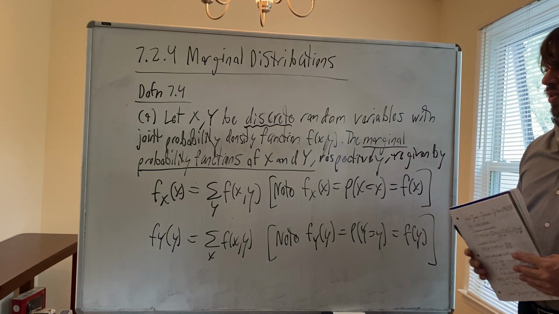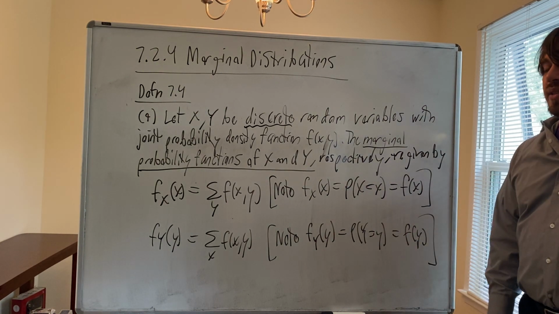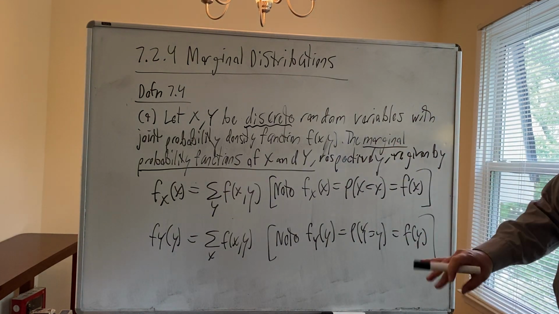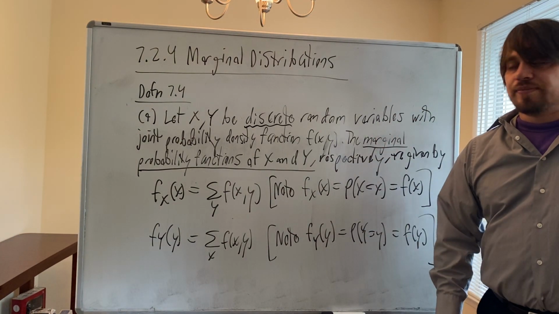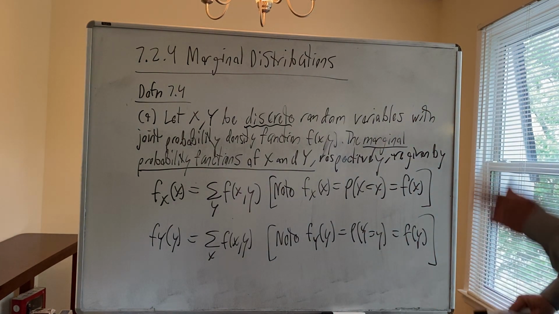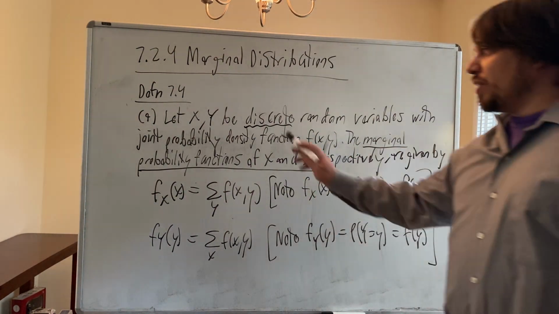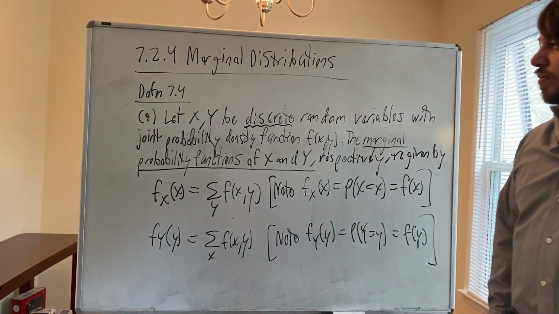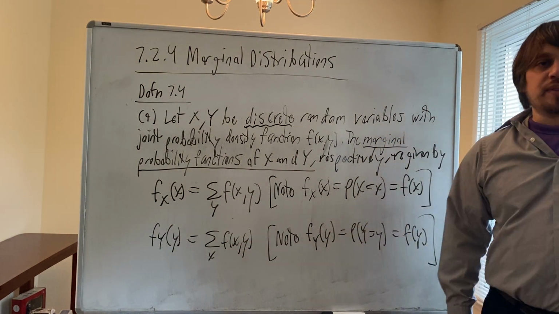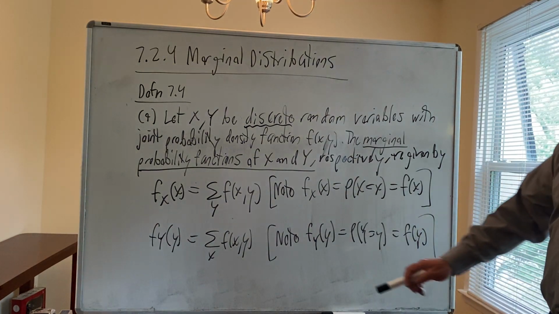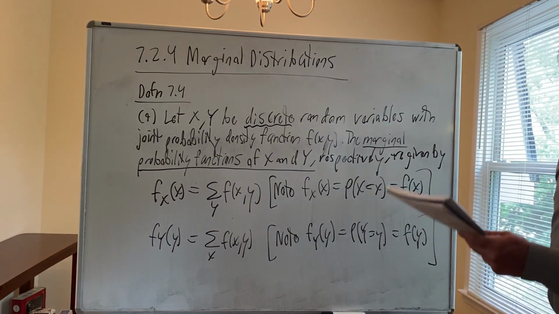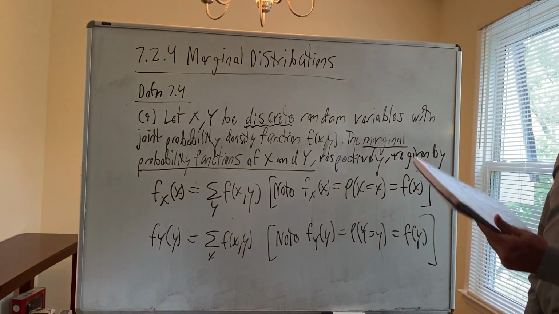Okay, so I'll leave this up so you can write things down. Then I'm going to erase this and put up part B of the definition. This is important, so you need to write this down. This is for discrete random variables. For discrete random variables, you have to use the summation. For continuous, we're going to have to use integrals. But right now, we're using summations because we're dealing with discrete random variables.